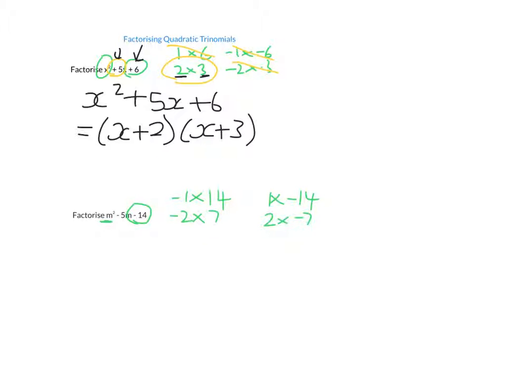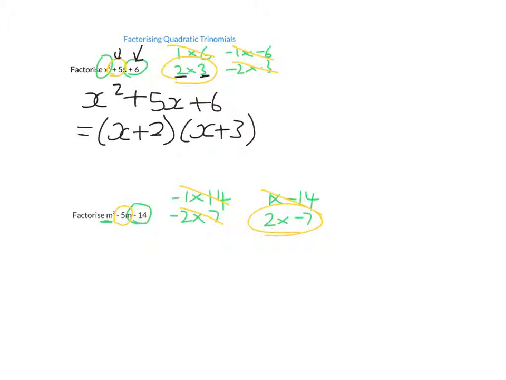I now have to look at which ones are going to add up to negative 5. So negative 1 plus 14 is 13, no good. 1 plus negative 14 is negative 13, that's no good. Negative 2 plus 7 is positive 5, that's no good. So it must be this one: negative 7 plus 2, or 2 plus negative 7 gives you negative 5, so that one there is the one we need to use.